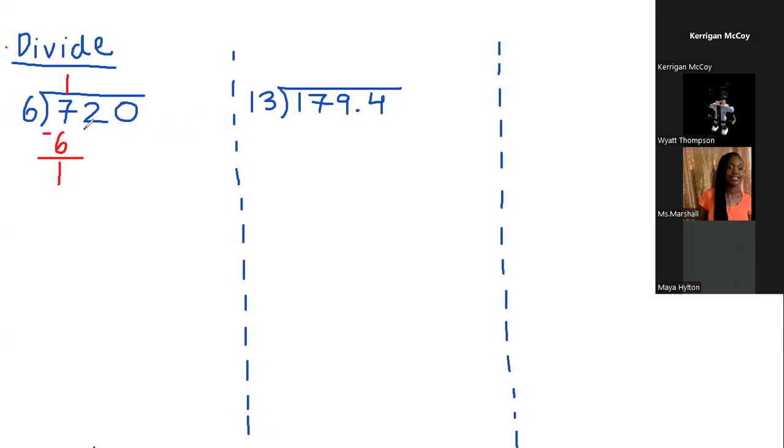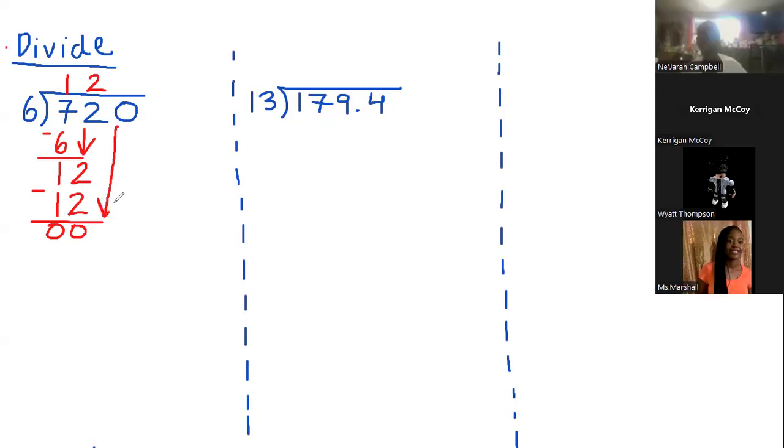Next, we bring down the 2. How many times does 6 go into 12? 2 times. 6 times 2 is what? 12. Very good. And so we have 12 minus 12, which gives us what? 0. You only put 1 zero. At this point, we have to bring down the 0.